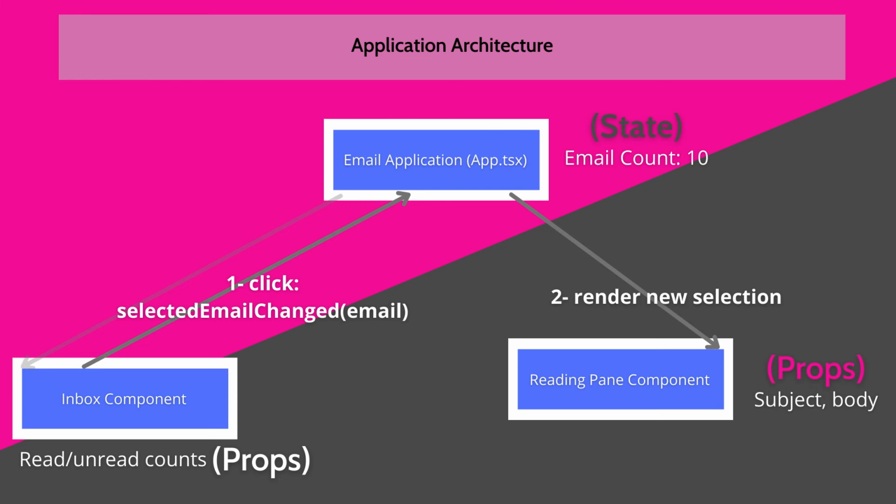And we need a way to update this selected email in the parent so that it can be changed for this other email view that needs it. So if we change something inside a child that a sibling needs, that needs to get notified from the child back up to the parent. The parent will change it, and then when the change happens, it'll go back down into the email view.